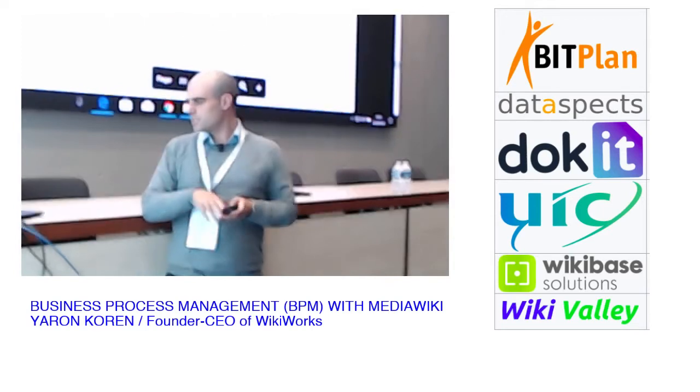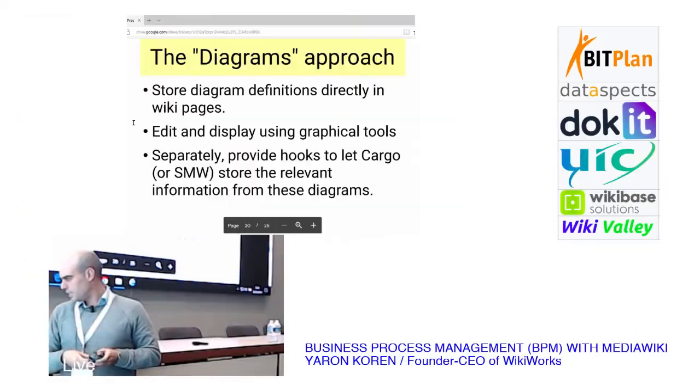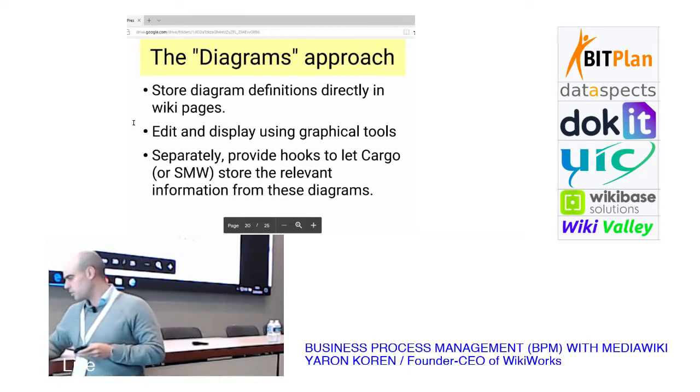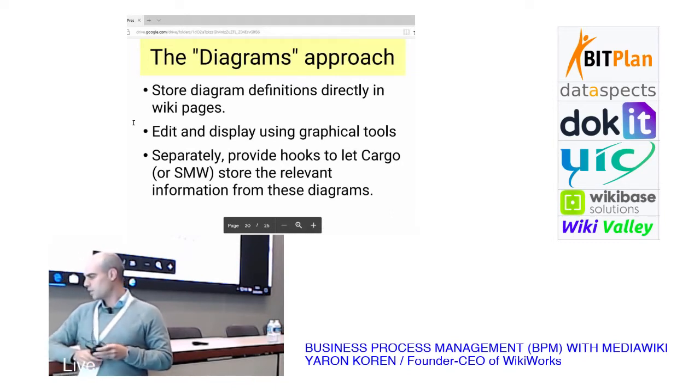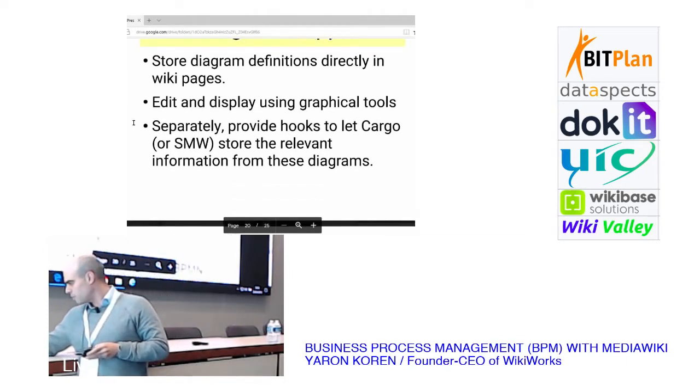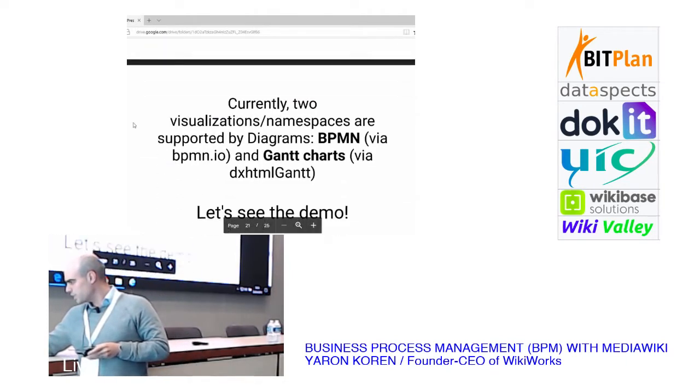So the approach is everything is stored in one big wiki page for each thing, and then you can edit and display it using graphical tools. And separately, it also lets Cargo or Semantic MediaWiki store that data in a queryable way. So this will make more sense once I show it.